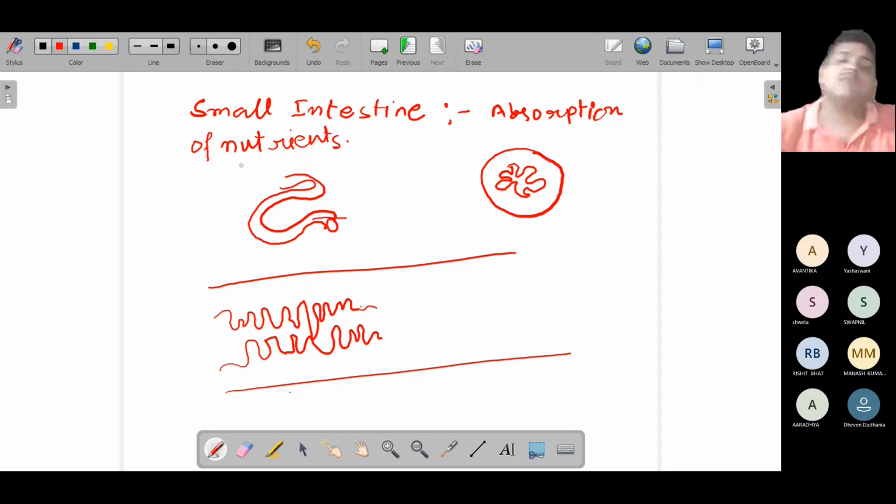So is the diagram understood by everyone? Yes, sir.